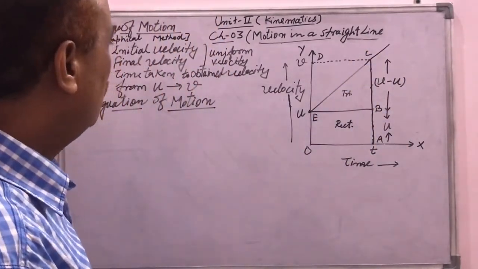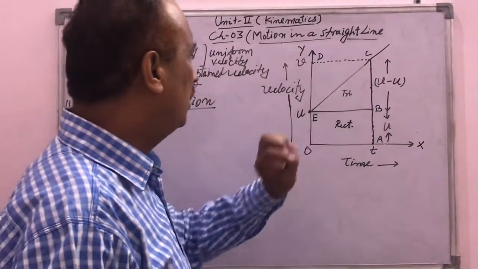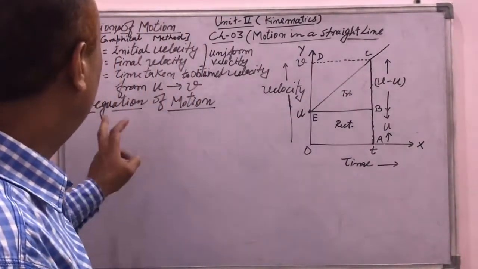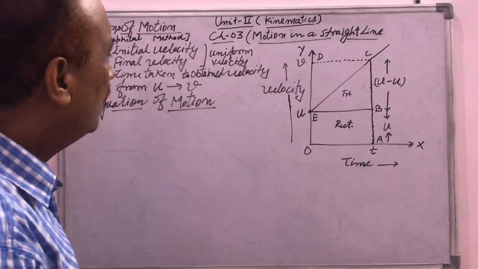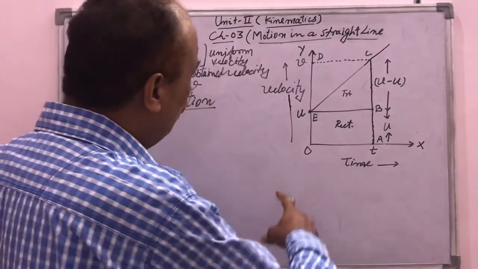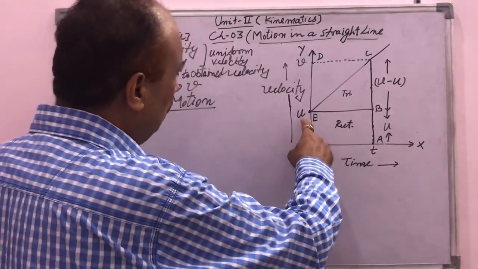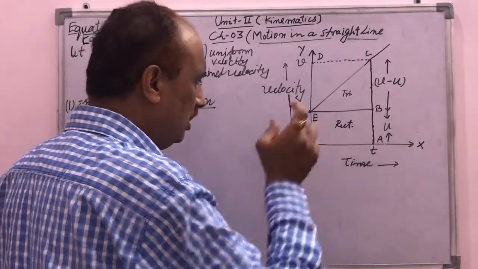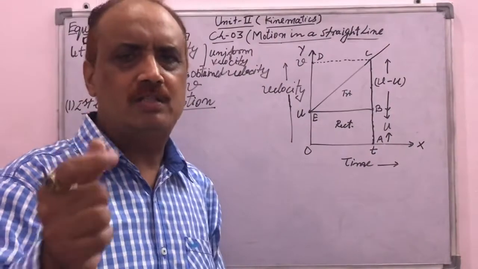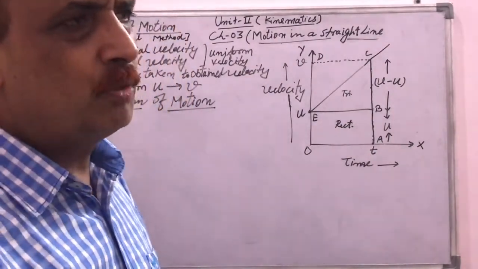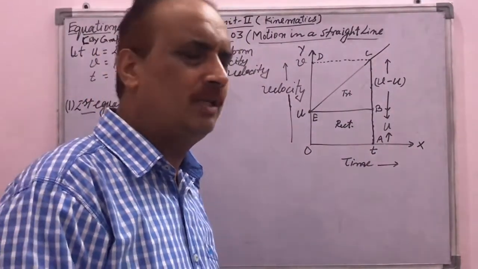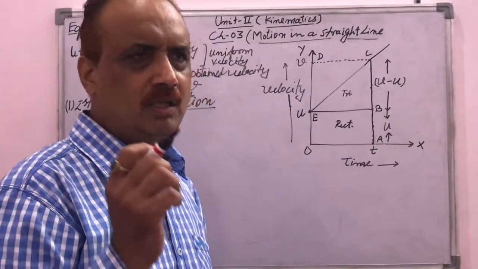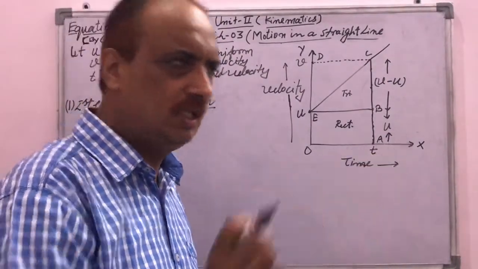So we have to solve the first equation of motion by this graphical analysis. When the body is moving with initial velocity u and acquires the final velocity v in an interval of time t, then it acquires some acceleration. Suppose a is the acceleration acquired by the body in the interval of time from 0 to t.